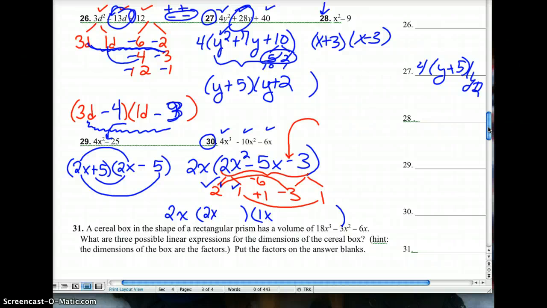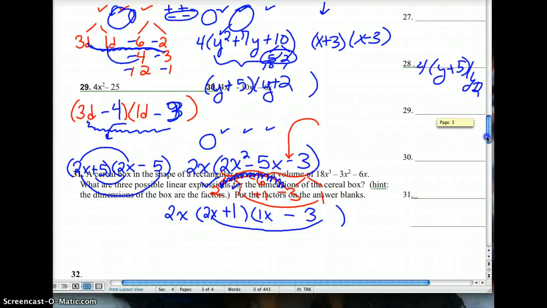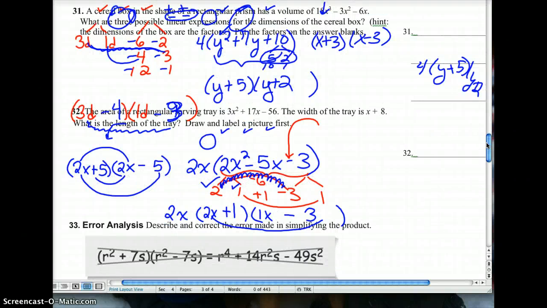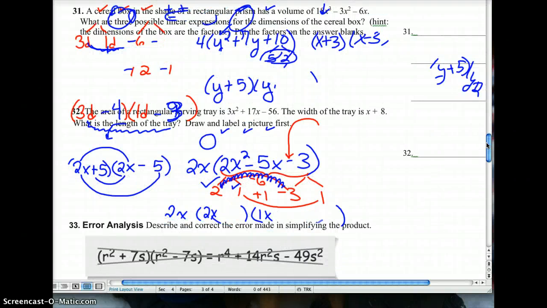And then I want the 2, watch my link here, to go with a minus 3. So since this 2 is on the outside, I put a minus 3 on the outside, which means inside would go a positive 1. So that breaks into 3 factors: 2x times 2x plus 1 times x minus 3.